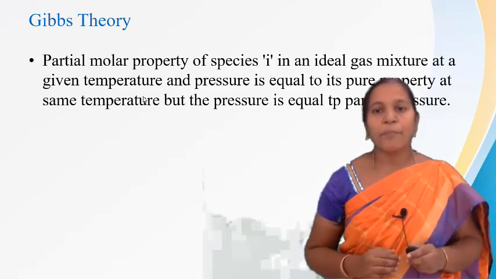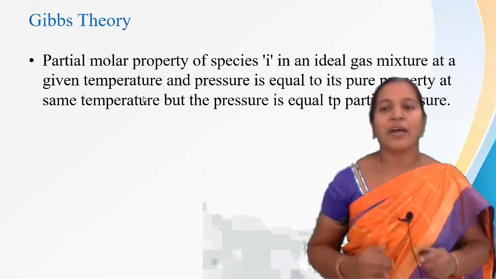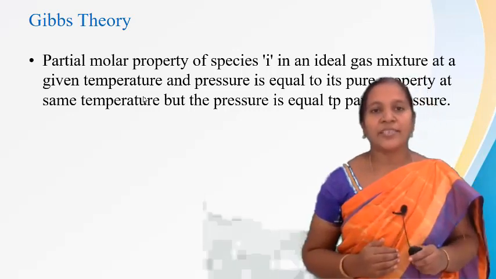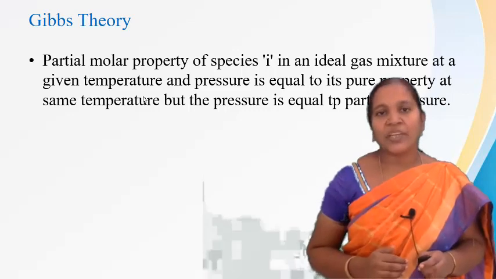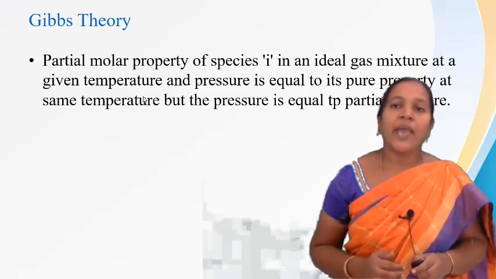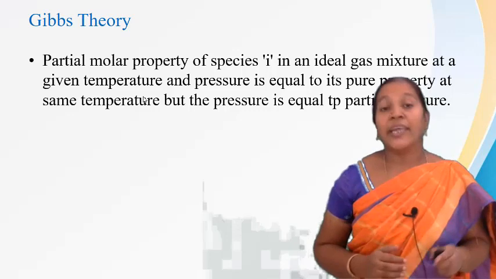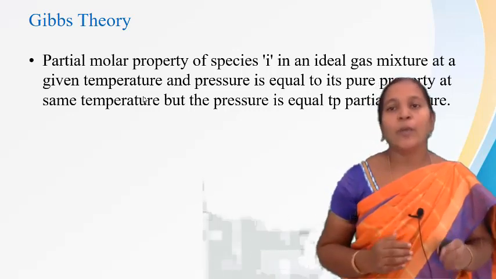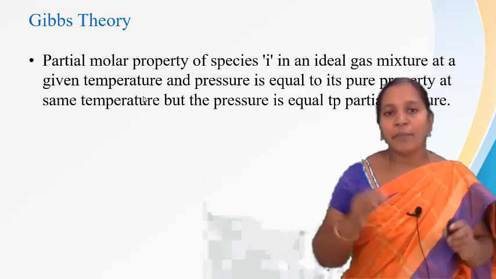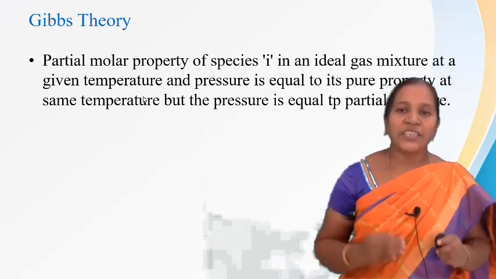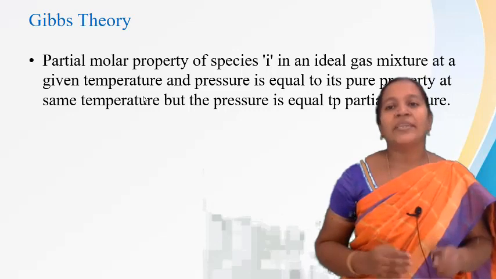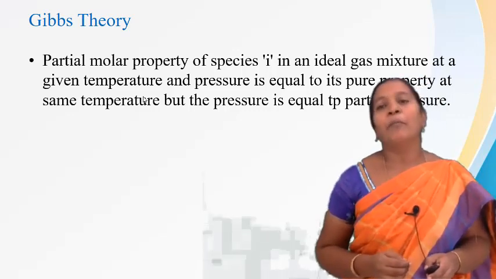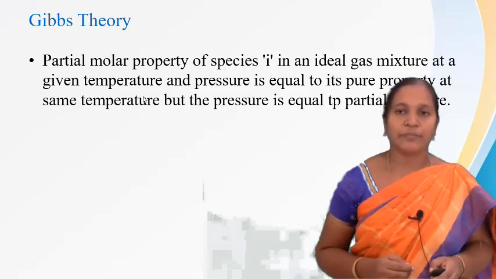This is the basis for the statement of Gibbs theorem. Gibbs theorem is defined as partial molar property of species i in an ideal gas mixer at a given temperature and pressure is equal to its pure property at same temperature, but the pressure is equal to partial pressure.